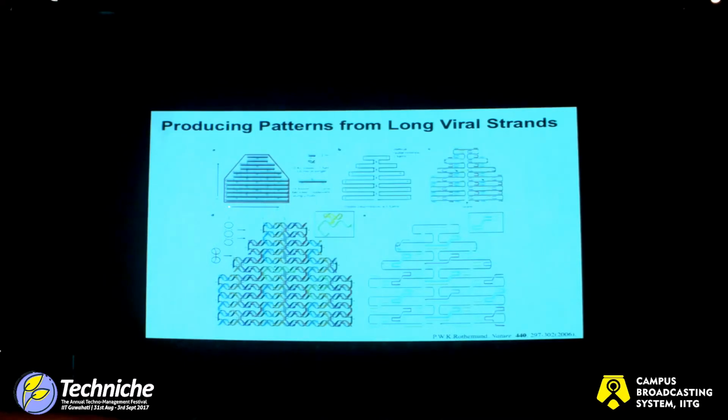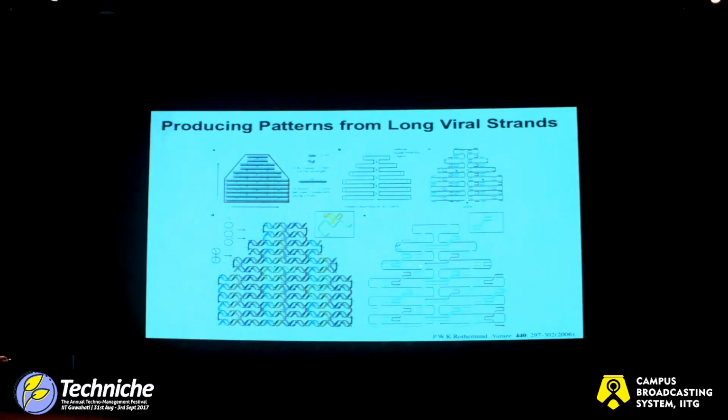So here is a design that he put in his paper of a hexagon with 2 right angles in it. What he does is he folds up the circle into this sort of Christmas tree shape, and then he throws in between 200 and 250 little what are called staple strands.